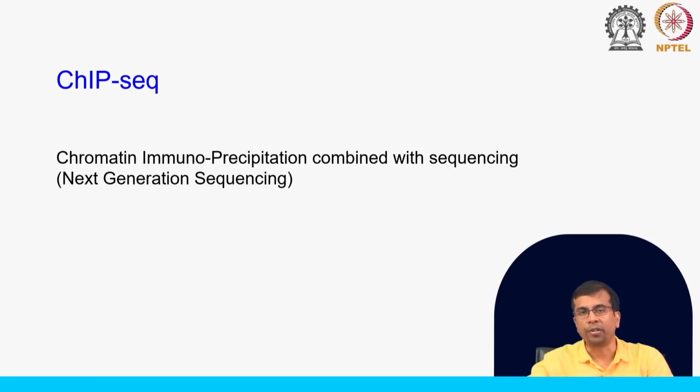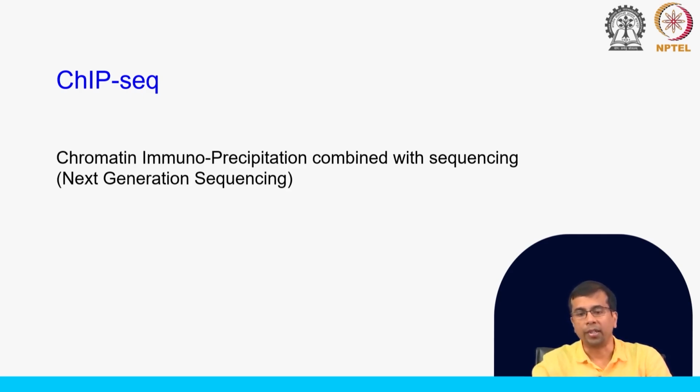With chromatin immunoprecipitation, we have an antibody against a protein or some modification that allows us to identify these protein binding sites in the DNA. That is the idea behind this experiment. That is why the term immunoprecipitation, because we have an antibody involved.